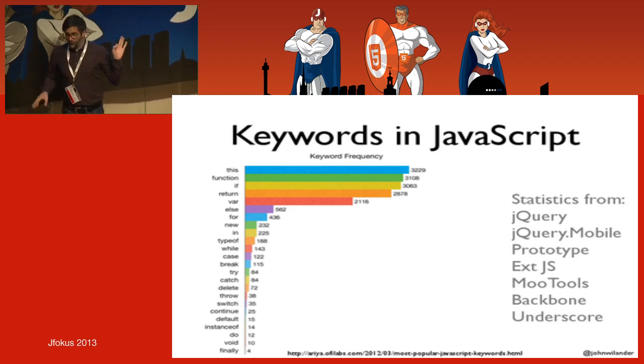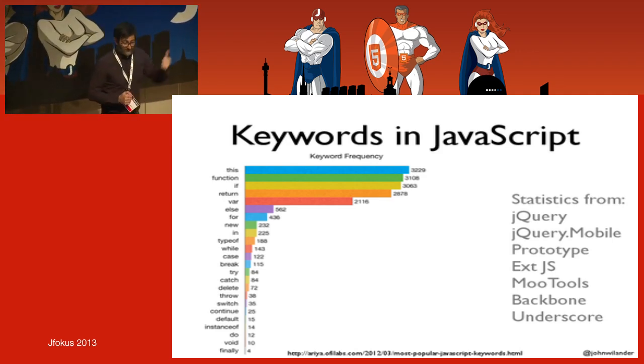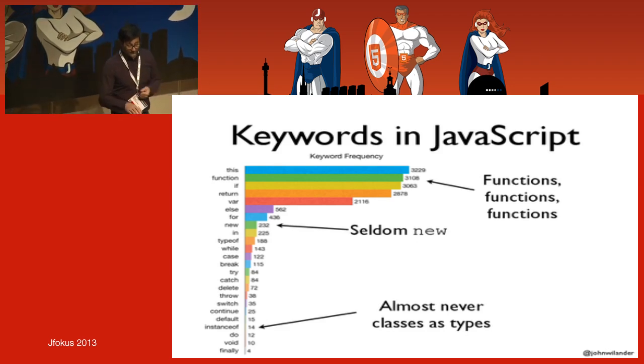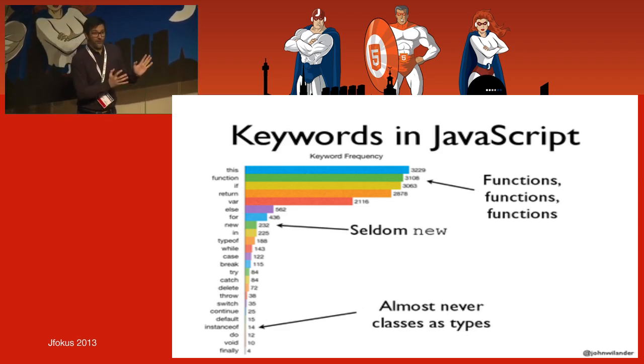Just to show you what this means in real code, this is some statistics from keywords in JavaScript. And the statistics are taken from the jQuery library, jQuery Mobile, a widget library, Prototype, XJS, Backbone, Underscore. And what you see here is that people use the function keyword a lot. There's a lot of functional programming going on in JavaScript.